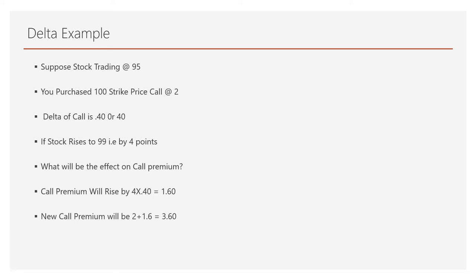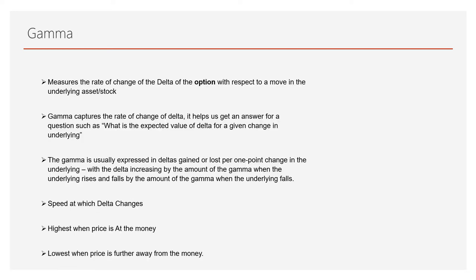Now let us move to our second Greek, that is gamma. As I already told you, delta is not constant, it keeps on changing. As and when there is a movement in the underlying asset, the delta figure also changes. At what speed, at what rate our option's delta is changing, that is gamma. Gamma measures the rate of change of the delta of an option with respect to a move in the underlying asset.